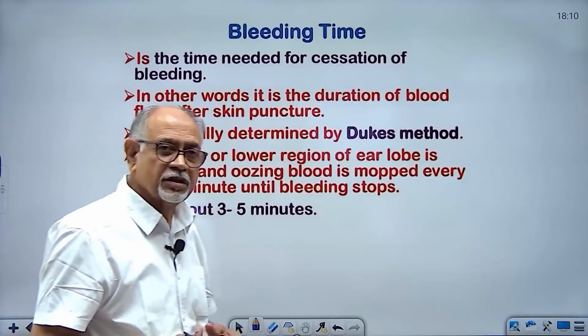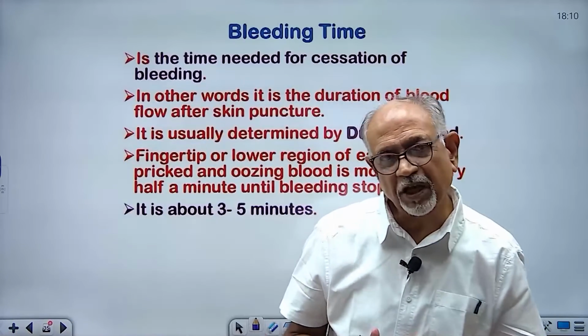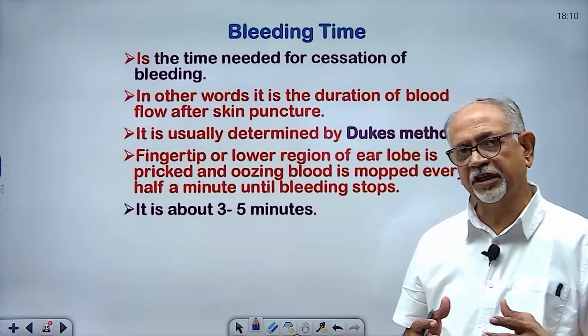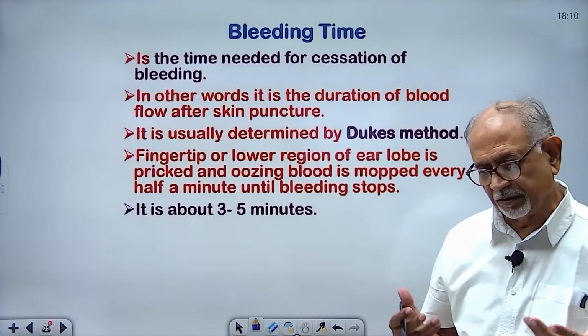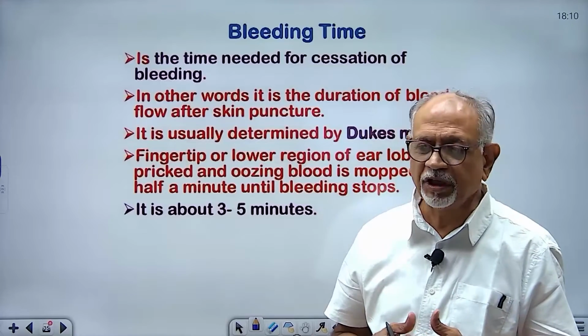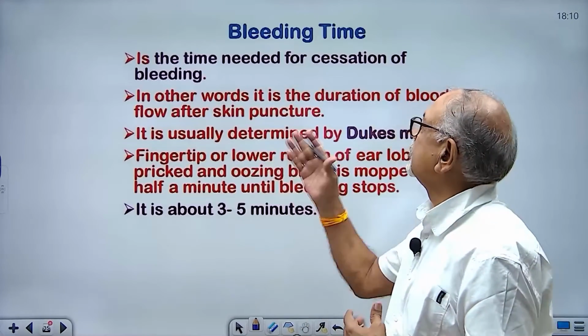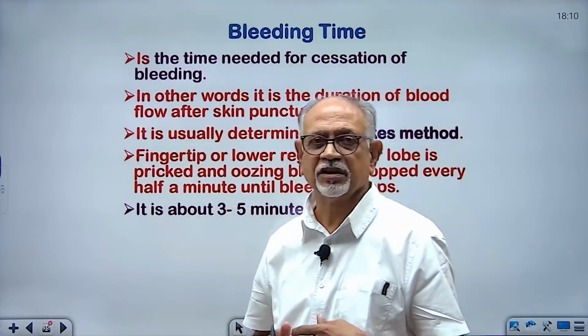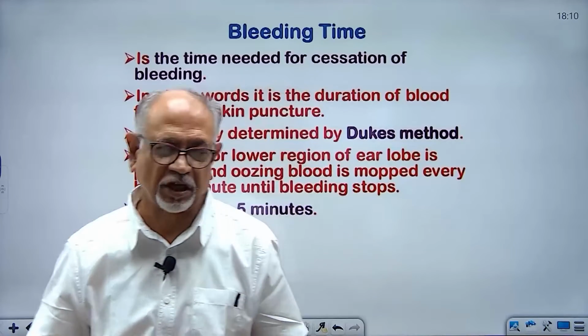Now, there are two parameters which are studied in common practice whenever there is a surgery. One is the bleeding time and another is the clotting time.